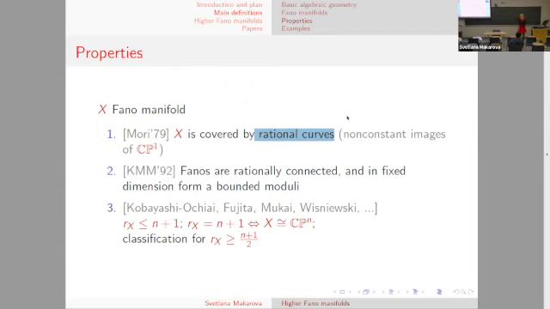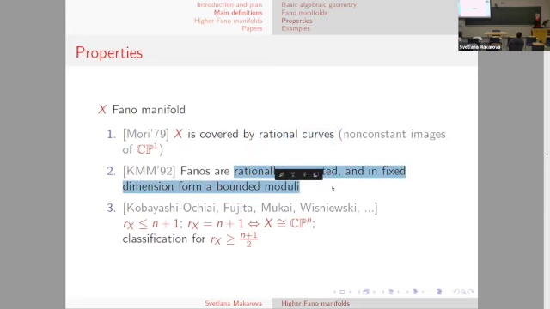I wouldn't say there is a natural choice of a rational curve, because the point of the second result is that there are a lot of rational curves on Fano varieties, and there's no way to pick a good one. Especially if you think of CP^n, it has so many symmetries that, how would you pick a line on CP^n?